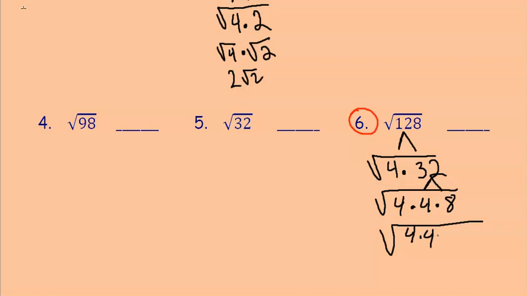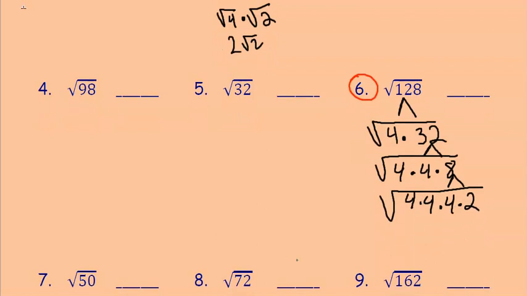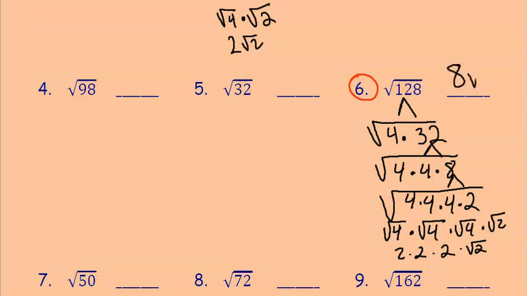So we break down the 4s we already did, and then we have another 4 times 2. So we can rewrite this as the square root of 4 times the square root of 4 times the square root of 4 times the square root of 2. So we have 2 times 2 times 2 times the square root of 2. That gives you 8 square root 2.